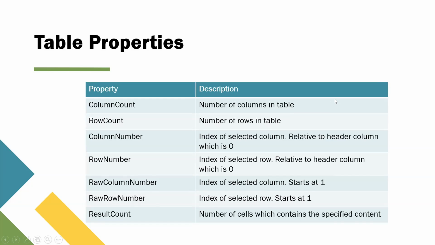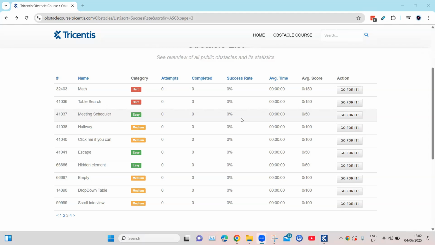So now we have discussed the action modes, the properties, and the table structure. Let's look at some examples of how we can steer a particular table using all of this. And then we can basically automate our scenarios in a particular table, right? So for this particular session, we are going to use this particular table.